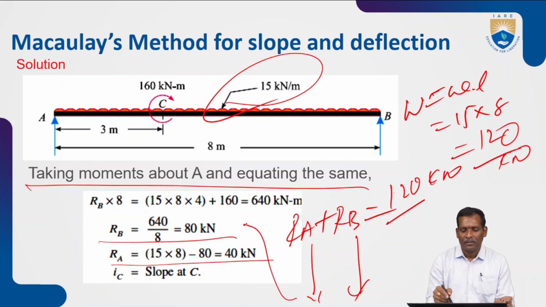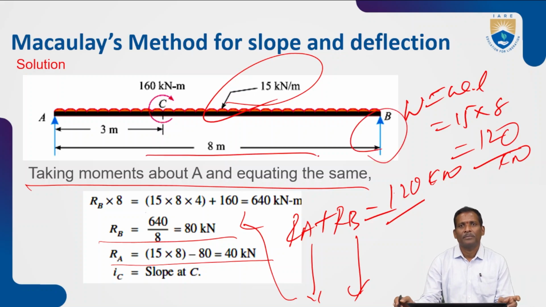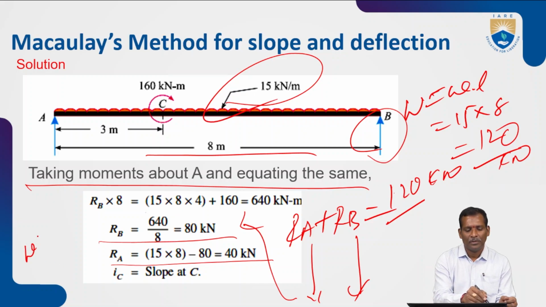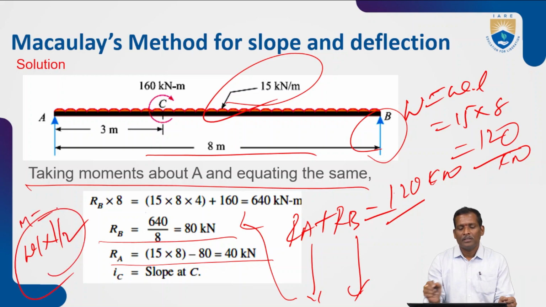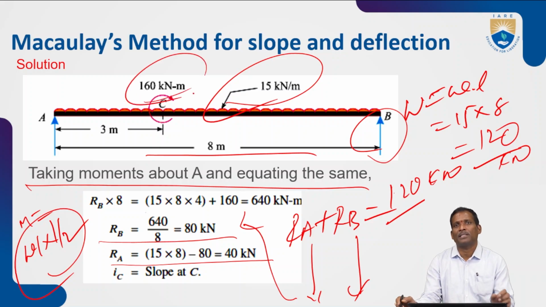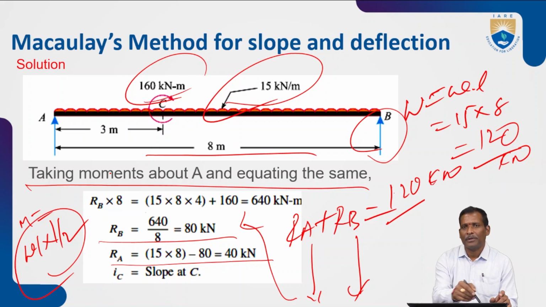Already calculated here, taking moments about A: RB multiplied with 8 is equal to 15 into 8 into half of the distance, so w into L by 2, plus 160 kilonewton meter additionally applied at point C. So the total moment is 1640 kilonewton meter, equal to RB into 8.